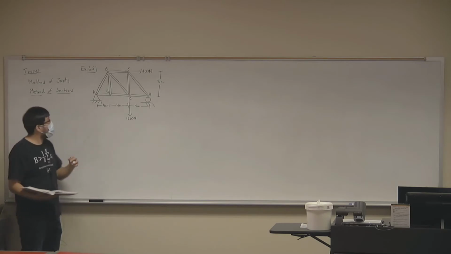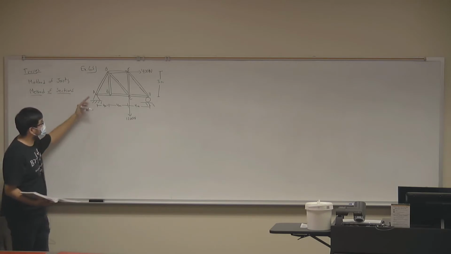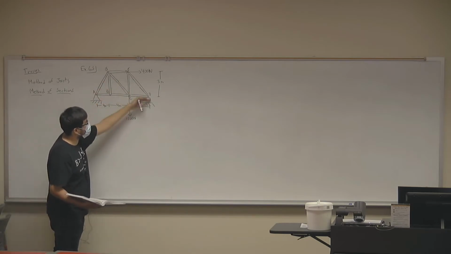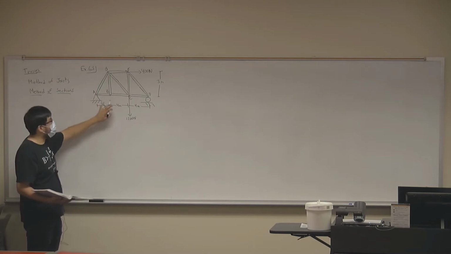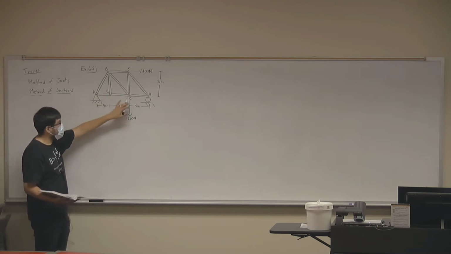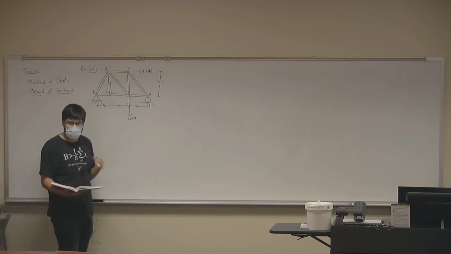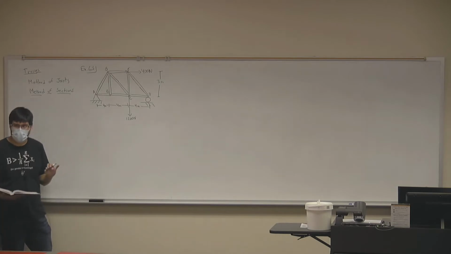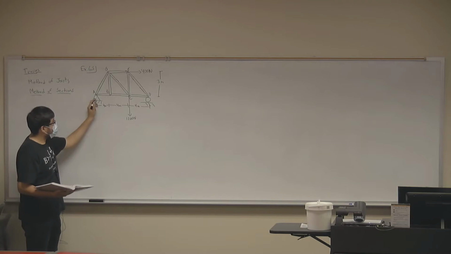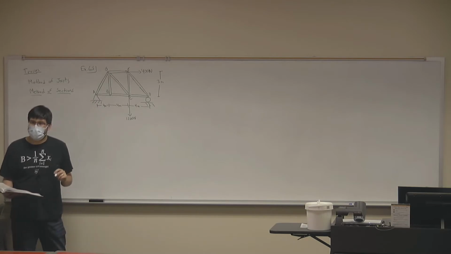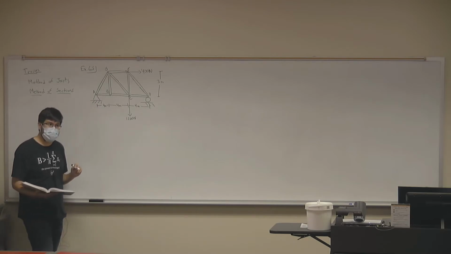And the way we would solve it using the method of joints is by drawing free body diagrams about every joint. So we'd have a free body diagram for A, B, C, D, E, and G. Let's do a quick review. We're not going to solve it using the method of joints, but at A, how many forces can you identify just at A? Just 2?